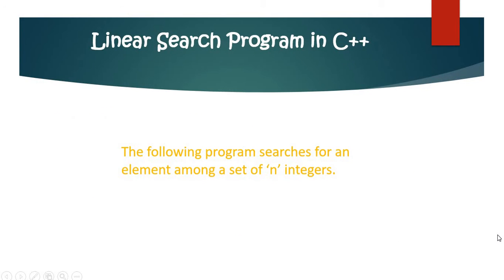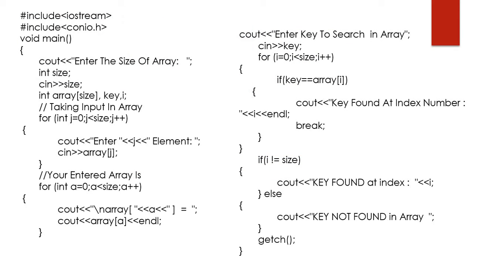Next, there are certain elements which are used in a linear search program, and this is a program related to that. Here we enter the size of the array, and then it takes the input of that array, allowing the user to enter that many elements.